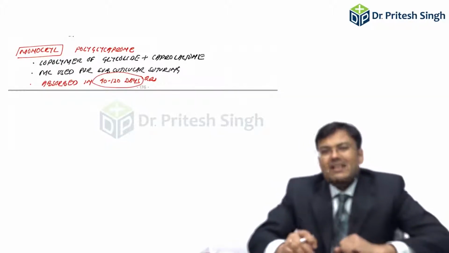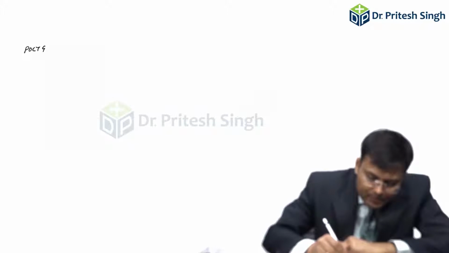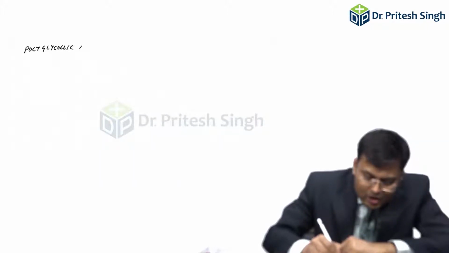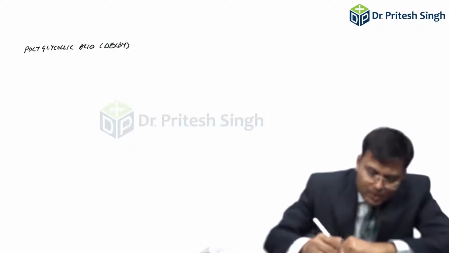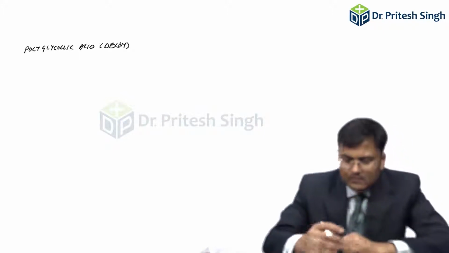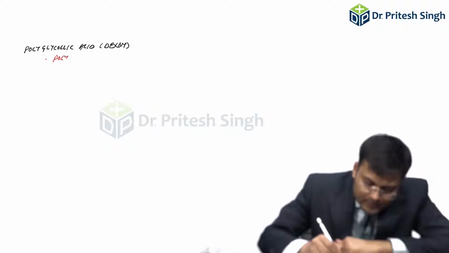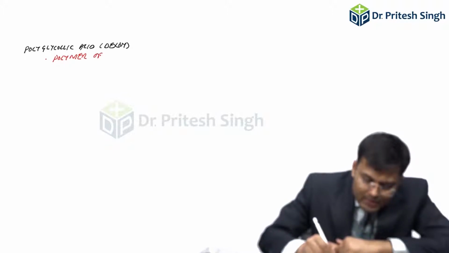Next, polyglycolic acid, which is also known as Dexon. What's the problem? It's the polymer of polyglycolic acid.